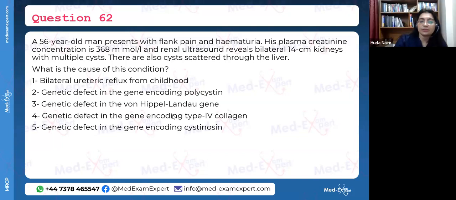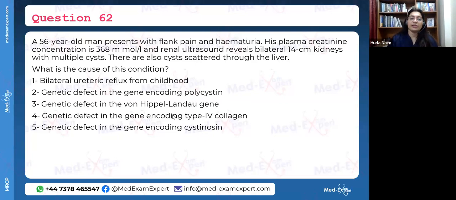Polycystic kidney disease. So, what is the gene mutation in polycystic kidney disease? It's polycystin. For Von Hippel-Lindau, they would have given you any history of seizures, any neurological association, any family history, something of that sort.